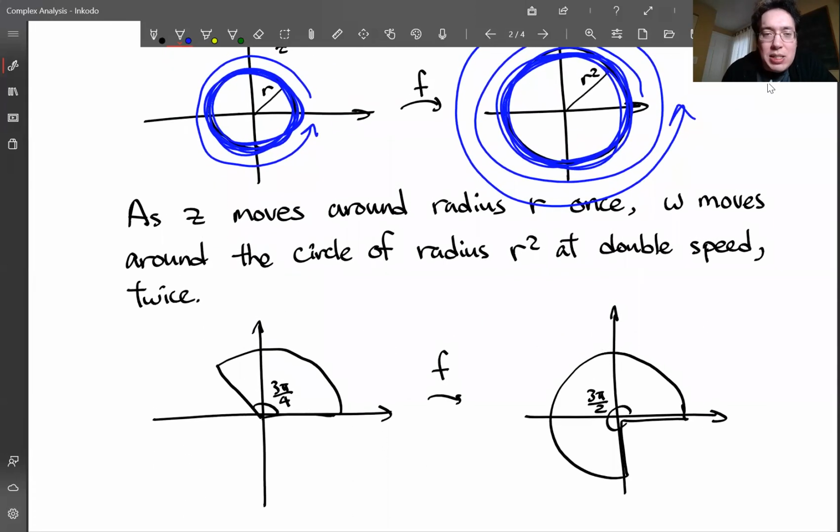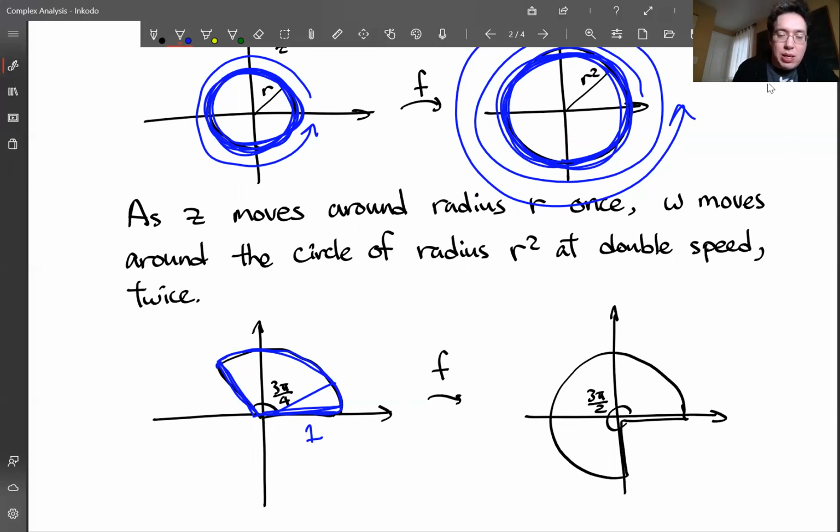Okay, let's look at a different shape. We could draw lots of different shapes, but maybe like a sector or a pizza shape, of angle 3 pi over 4. And let's say the radius here is just 1, just to make it simple. If the radius is 1, in the output the radius is still 1 because that's 1 squared.